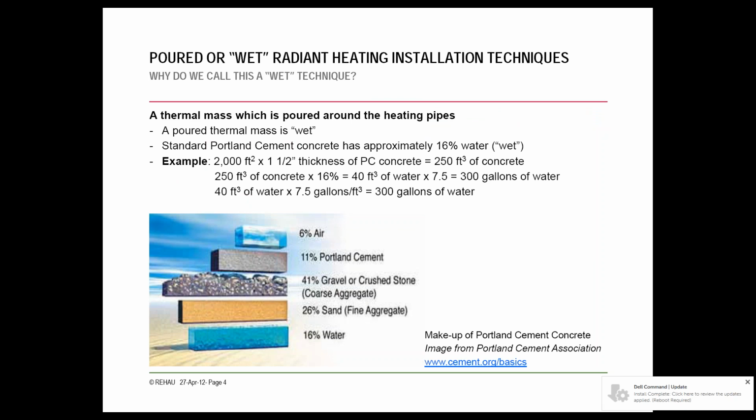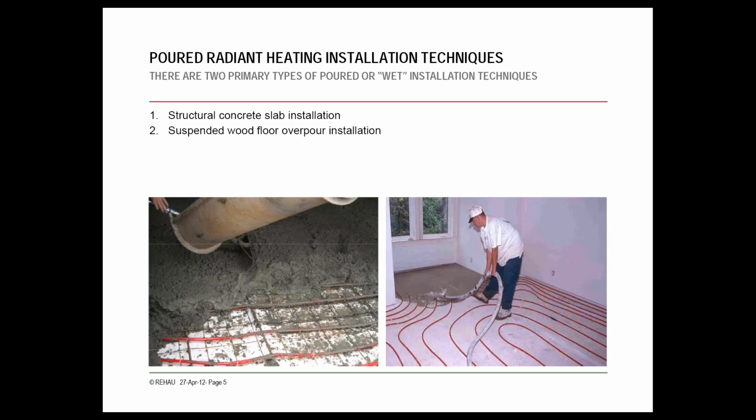As I said, we're first going to touch base on the wet radiant installations, and that is anything with a poured thermal mass. It's typically concrete, Portland cement, but definitely different materials are becoming available to make it easier to pour, of course. So that will affect how the radiant's installed.